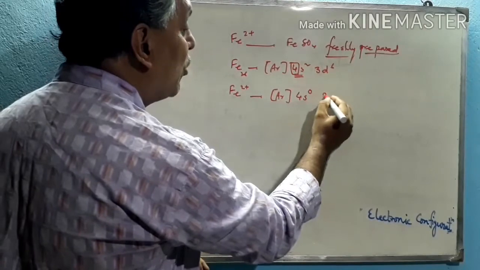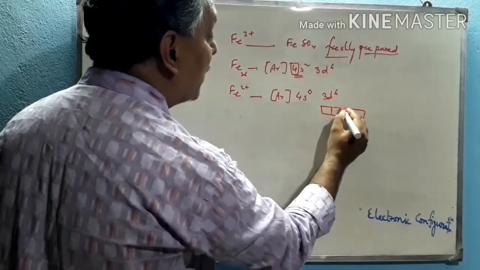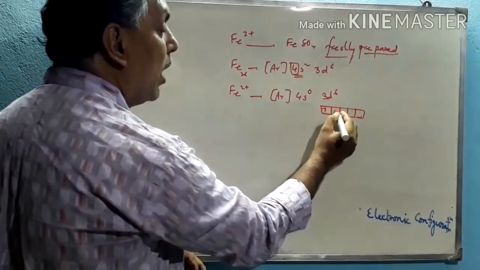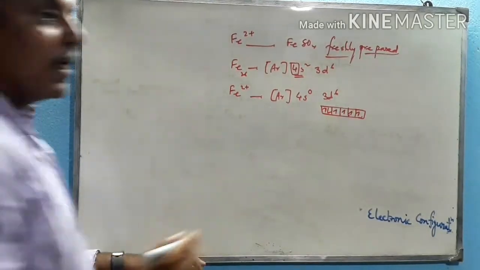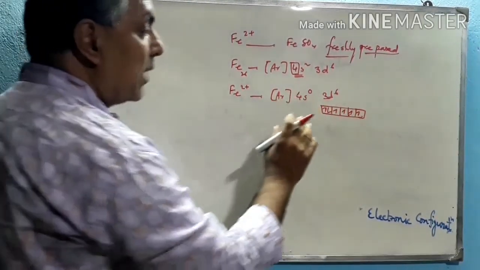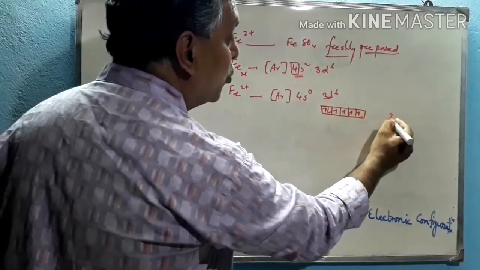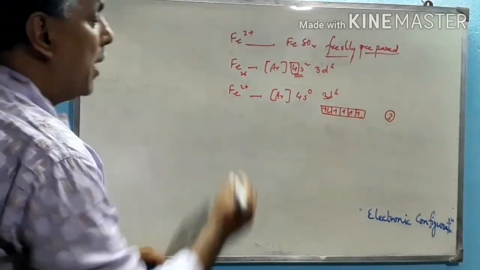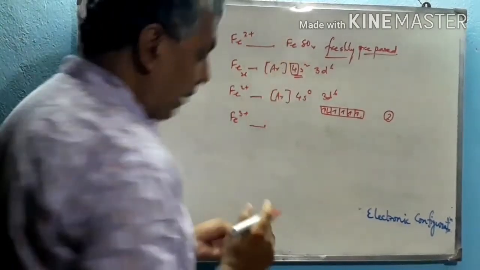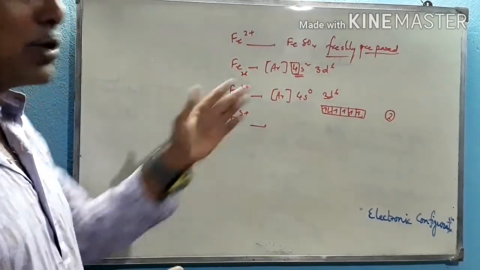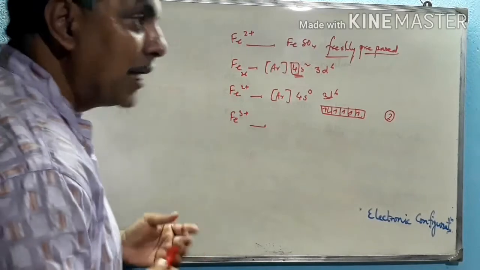So 4s becomes 0, 3d6, and the d subshell contains 5 orbitals, 1, 2, 3, 4, 5, but 1 electron is paired. So the actual spin multiplicity value will be plus half minus half cancelled, so half into 4, that means 2. This is the spin multiplicity value. But whenever Fe2 plus is exposed to air, it readily gets oxidized by removing 1 electron from its 3d6 to form Fe3 plus.